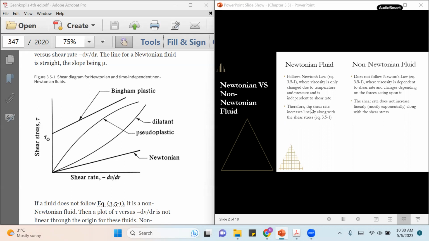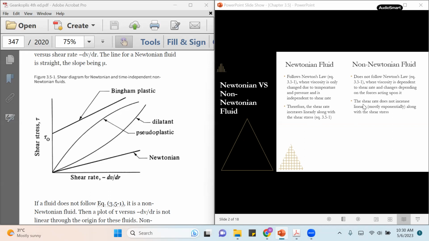Therefore, for Newtonian fluid, since it's independent of shear rate, the shear rate increases linearly along with the shear stress. That's why you can see here that Newtonian fluid has a linear line.